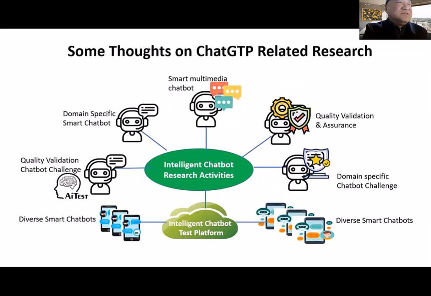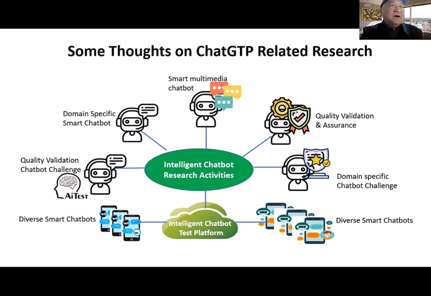Then I have one more slide talking about research thoughts. So if you're interested, with ChatGPT, what could be next for the research? I happened to start a different chat system using my master student project. Currently, ChatGPT doesn't support multimedia chat.